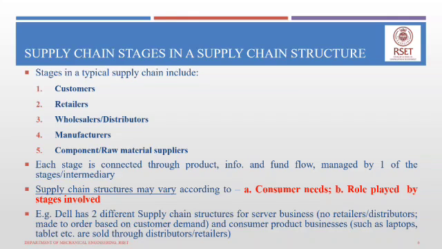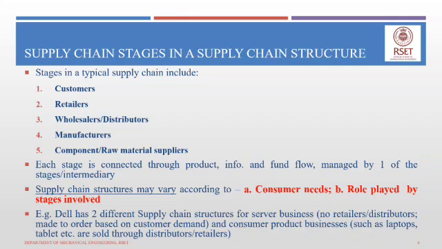So the same company, for two different products, uses two different types of supply chain structures. Okay, so that is how the consumer need, the nature of the product, and the role played by the stages matter. Okay, if the role played by a retailer or distributor is negligible, then it is generally the case that those stages are avoided, and the manufacturer sells a product directly to the consumers.